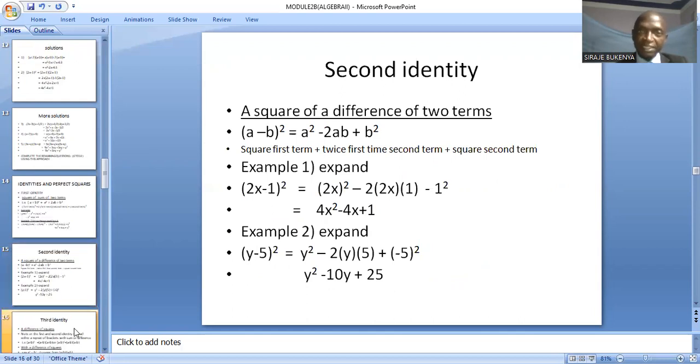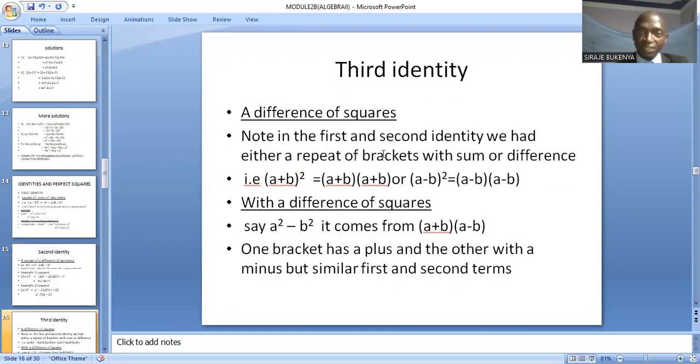Then the third identity is the difference of squares. If you look at the first and the second identity, it's either a repeat of brackets summing or a repeat of brackets with a difference. So a plus b times a plus b, and you're getting this as the first identity. With the difference of squares, you are seeing that now it's a plus b, a minus b.